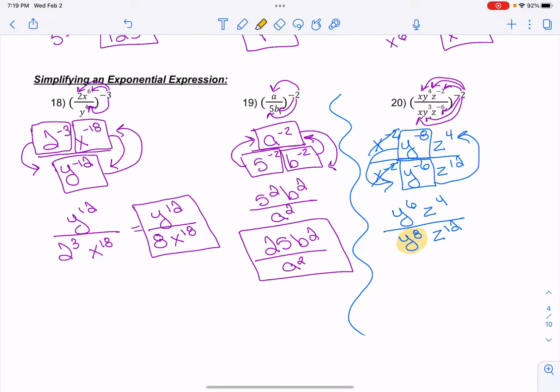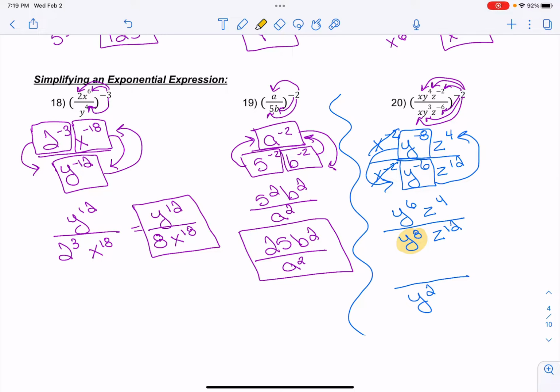On bottom, we have y to the 8th, which is our bigger exponent when it comes to the y's. So that means y is going to stay on the bottom of our fraction. We subtract our exponents. 8 minus 6 is 2. So we now just have y to the 2nd power.